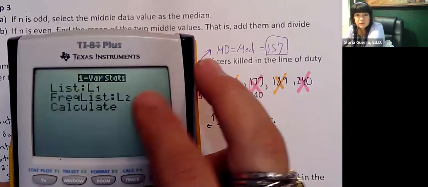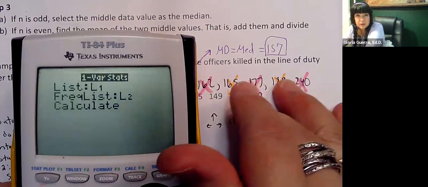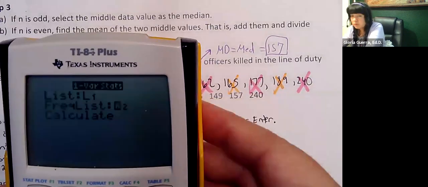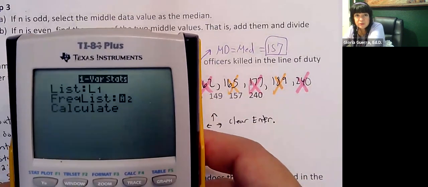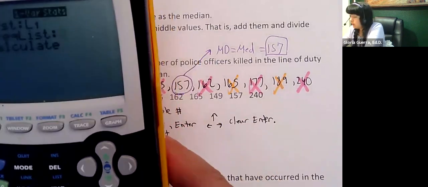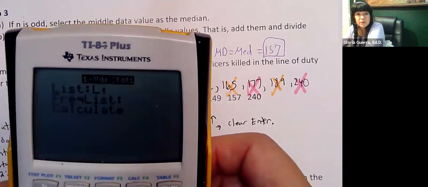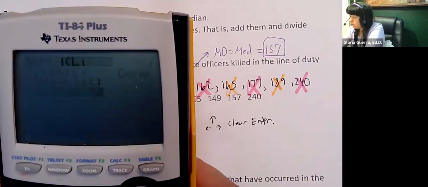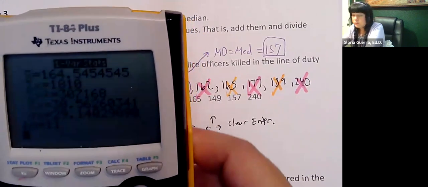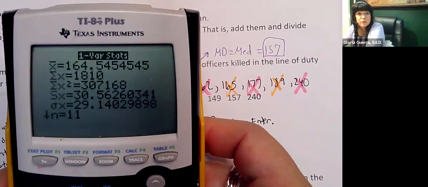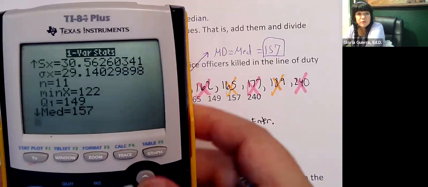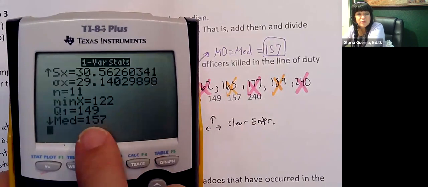You only have this data. So remember, you have data from the previous problem, so you do have to clear that. And see, it takes that off. And then you go down and you hit enter. And then you keep scrolling down 1, 2, 3 times. See that right there? 157.